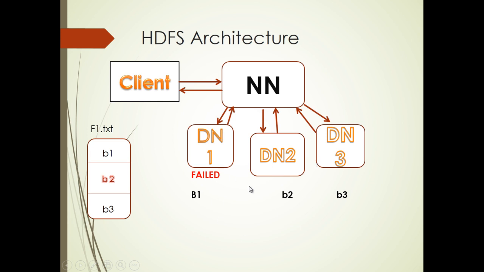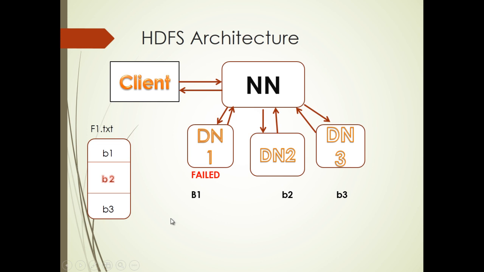At the same moment another operation also happens, that is the replication factor. The default replication factor is 3 in the Hadoop system, which means one original copy will be available, and apart from that 2 duplicates will be automatically created and automatically distributed among all the machines.